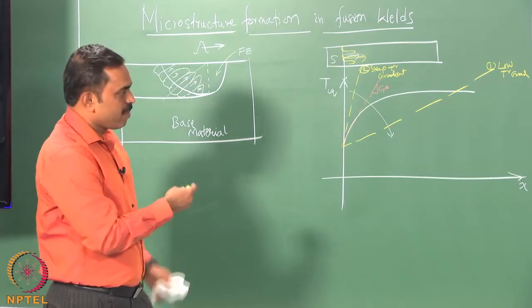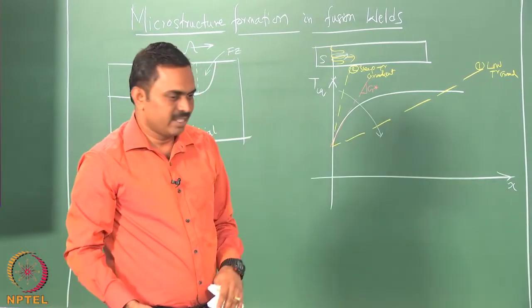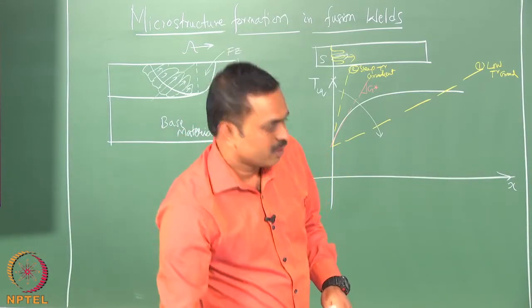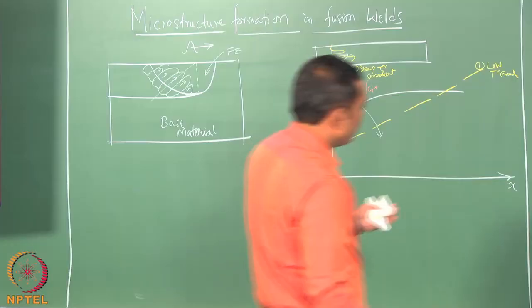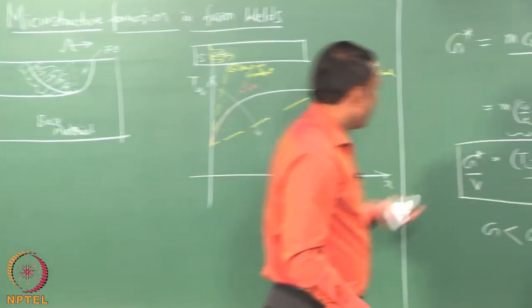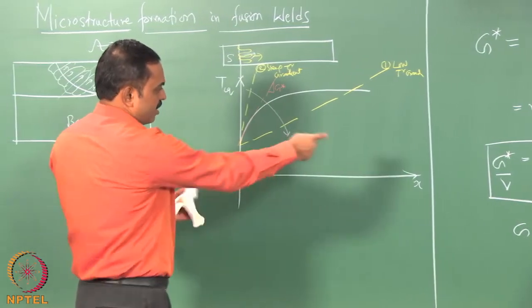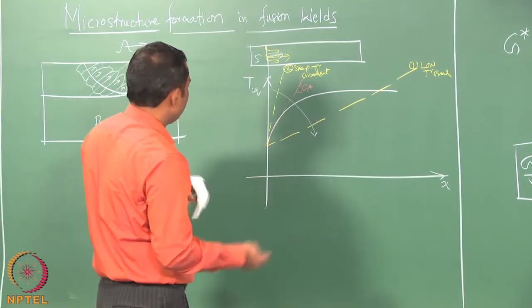So, we can make a map out of these arguments as follows. The map requires us to look at this condition and interpret it with the gradient and the velocity along the two axes.